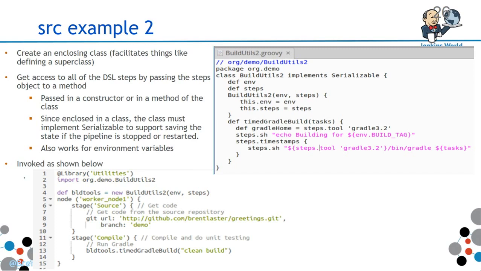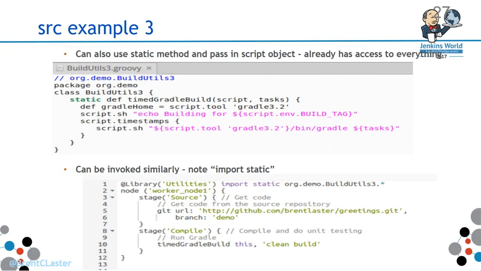And you can see in the build utils2 groovy up there on the upper right, the environment and steps things get passed into the constructor, and then I can reference those within my library routine. So from the script, I'm passing in the global environment object and the global steps object, and then I can call those within my library routine. So again, just different ways to slice and dice things.